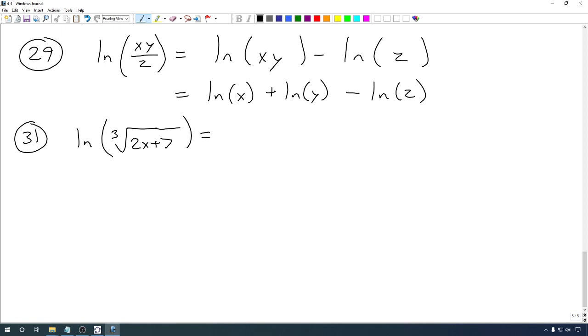This time it's not quite as unclear because the cube root already tells us what's inside there. But you might be wondering, how can we simplify this one? Well, remember, the cube root is a power. This is the natural logarithm of 2x plus 7 to the 1/3 power.